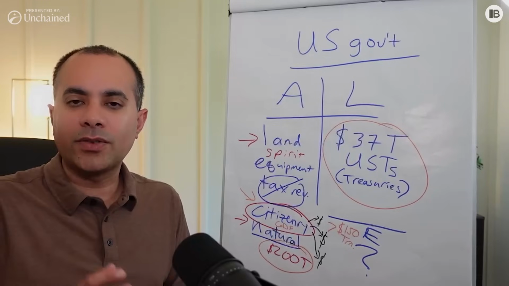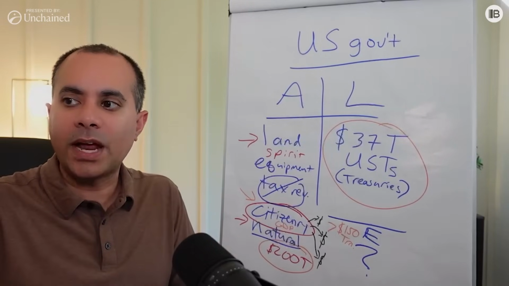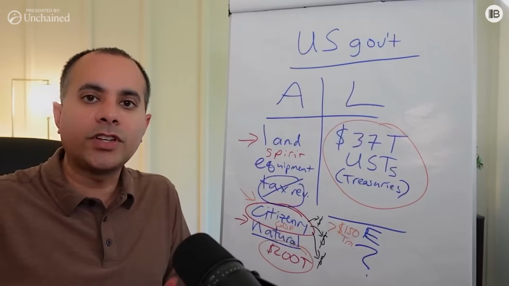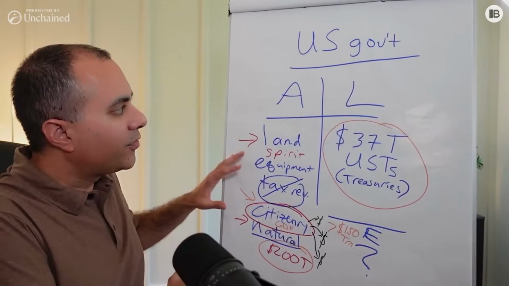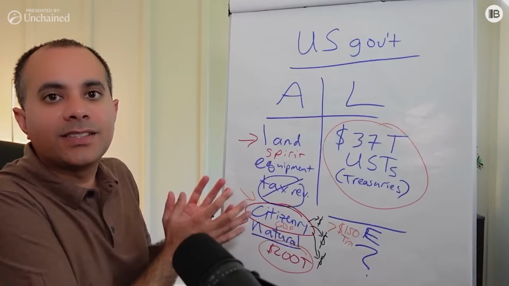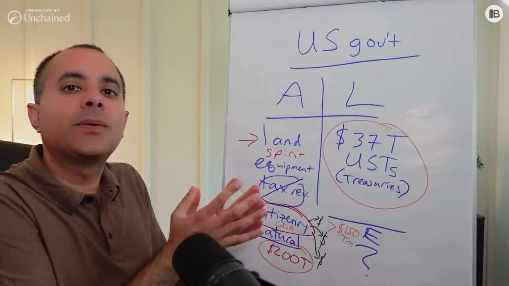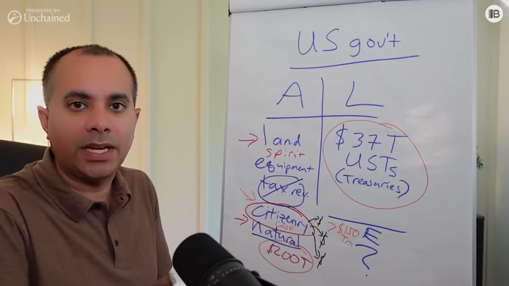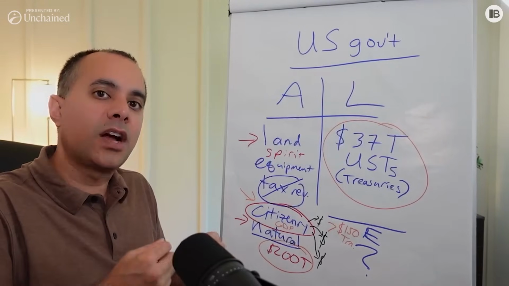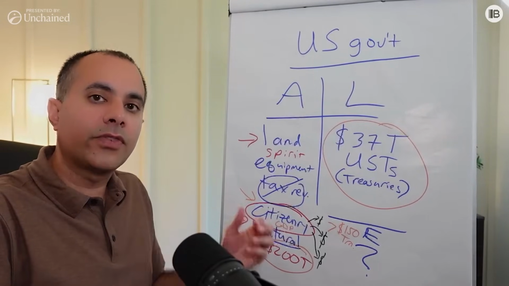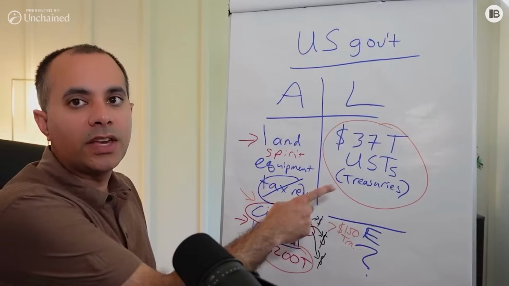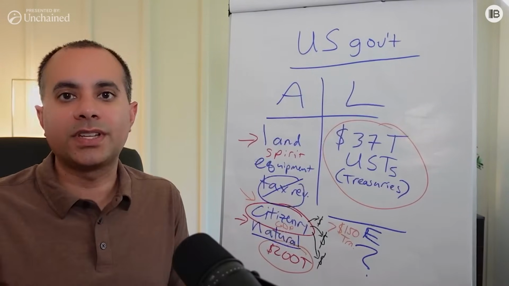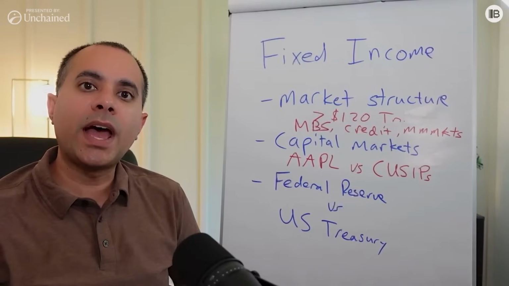Can this rise or fall? I don't have a great take on that right now, but what we have to understand is that the asset of the country is the citizenry and its ability to produce GDP. And then it's the government's responsibility to convert that GDP into tax revenue, which it can then use to service its debt.